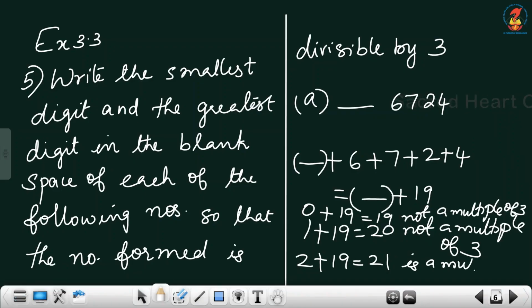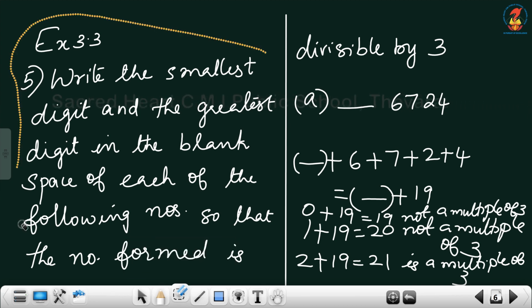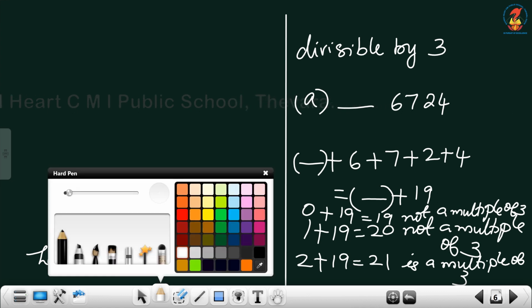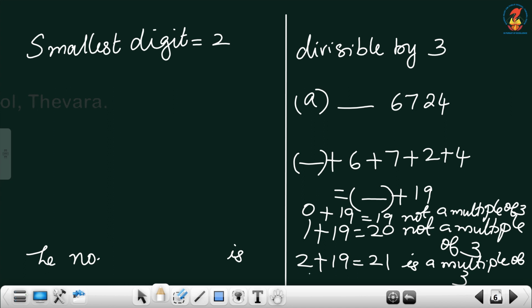So, which is the least digit which we have to fill here? The smallest digit is equal to 2. We have added 2 here.